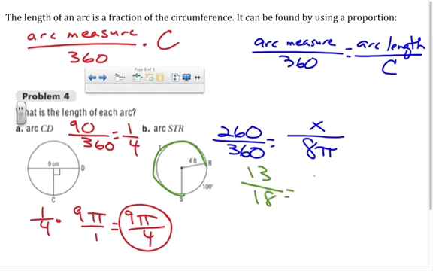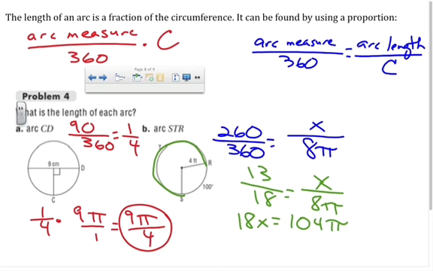It's 13 over 18 equal to x over 8 pi. And that's just a little bit nicer to look at in my cross-multiplying. Now we cross-multiply. So we have 18x equal to 13 times 8, which is 104 pi.